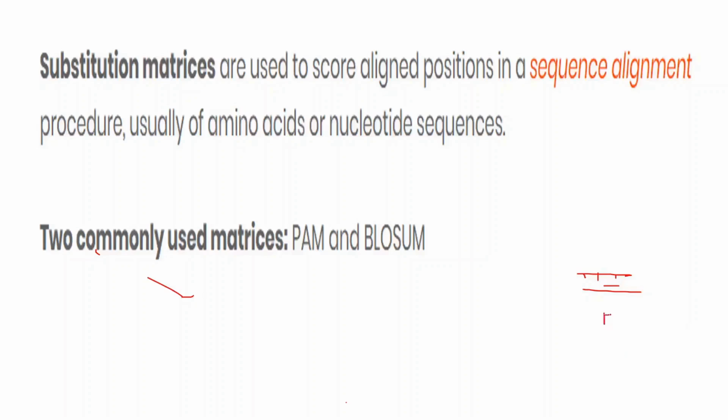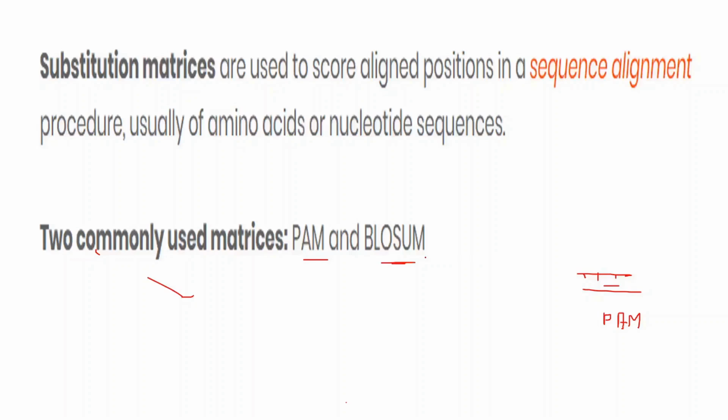One is PAM and one is BLOSUM. PAM is point accepted mutation and BLOSUM is block substitution matrix.